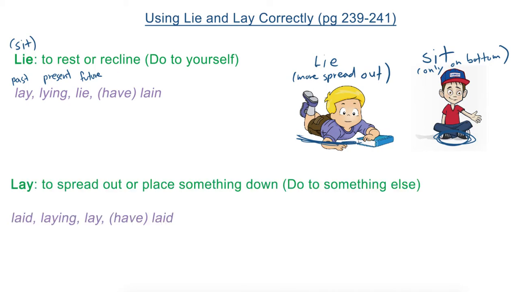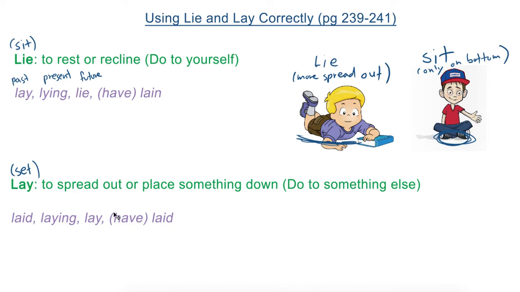The next word is lay. Lay means to spread out or place something down, doing this to something else. This is just like set. Just how we set something else down, we lay something else down. You never use lay when we're talking about ourselves.